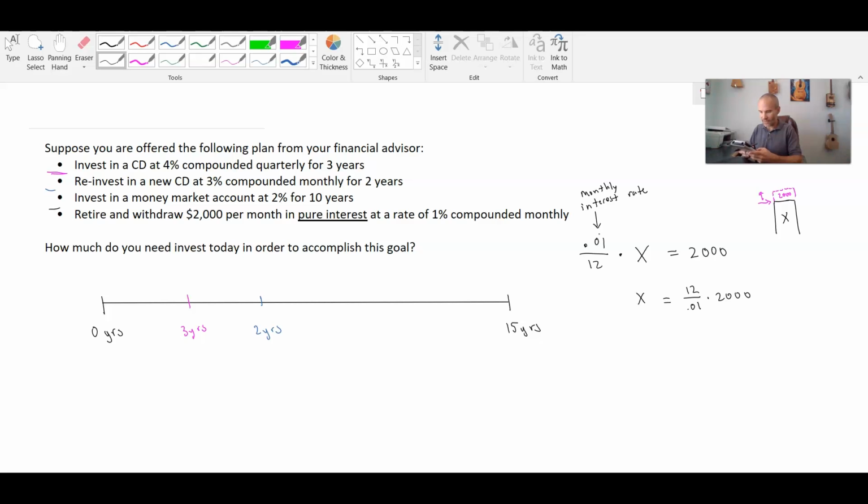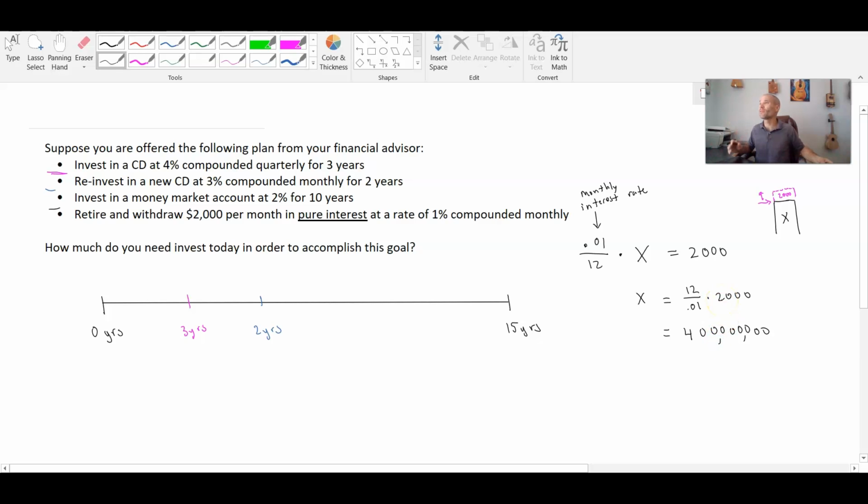So if I take 2,000 divided by 0.01 and I multiply it by 12, I get a huge sum of money, which is 4, and then let me count, 1, 2, 3, 4, 5, 6, 7, 8. I have 8 zeros. So that's going to be a lump sum of money of $400 million.